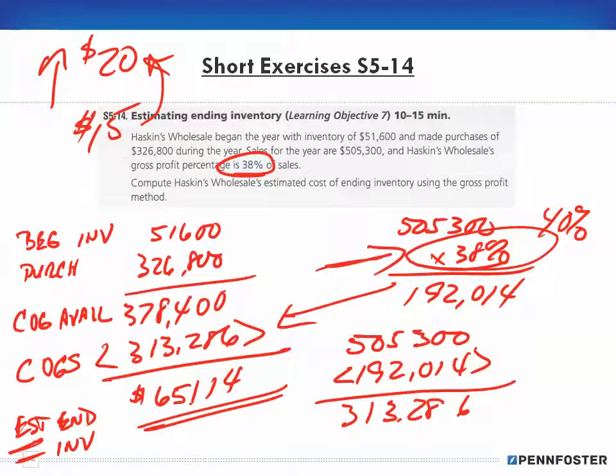Now, to take it a step further, if we did a physical inventory and the physical inventory came in at, let's just keep it easy, 62,000, we would have to make an adjustment for 3,114. When we make that adjustment, it's going to affect our cost of goods sold, our gross profit, and our net income or loss at the end of the accounting period. So you see how everything just keeps on tying in. One thing ties into the other and ties into the other.